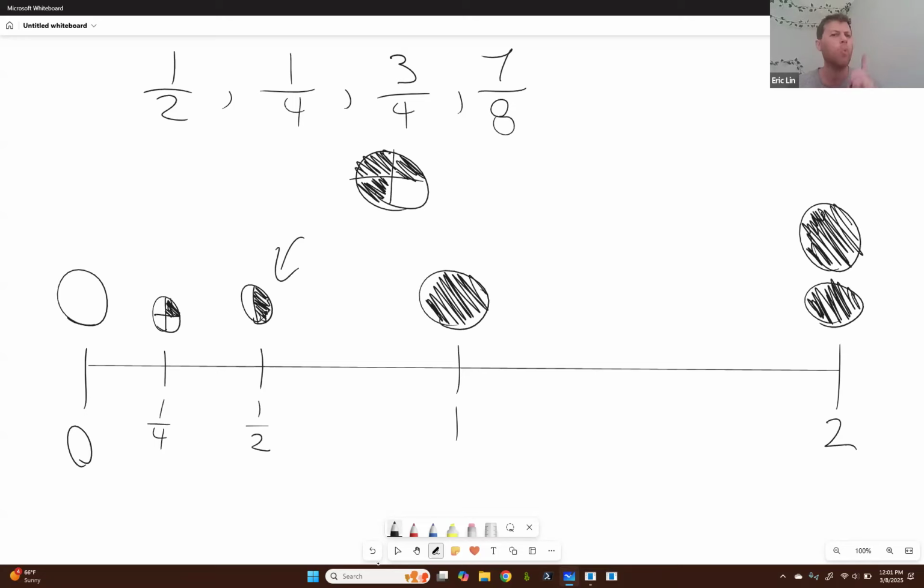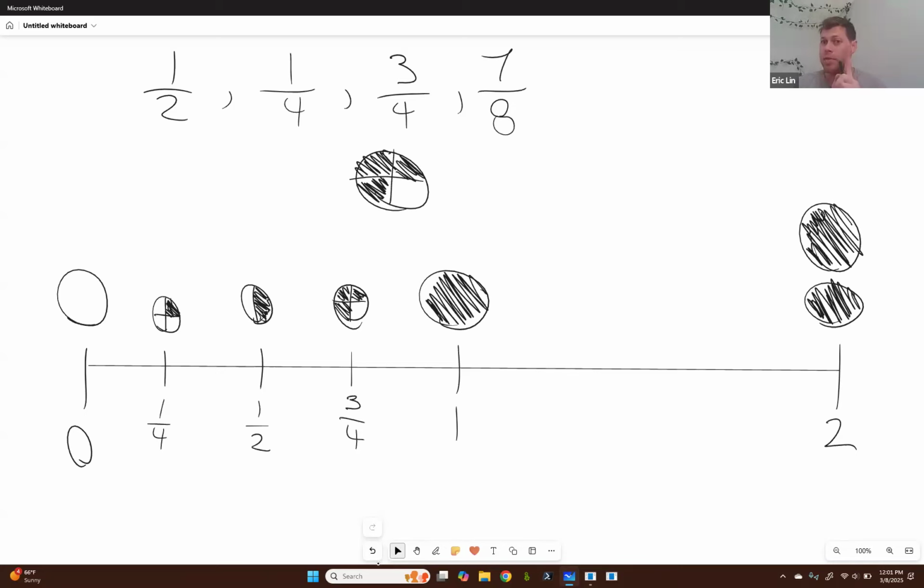It is shaded more than 1/2. So because I'm shading more of this fraction, that tells me that this number, 3/4, is bigger than 1/2. So it needs to go to the right of 1/2.